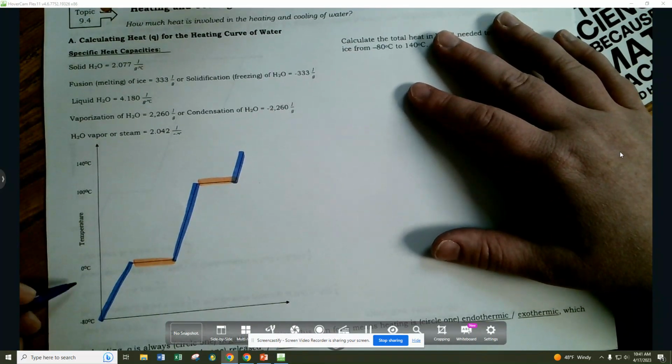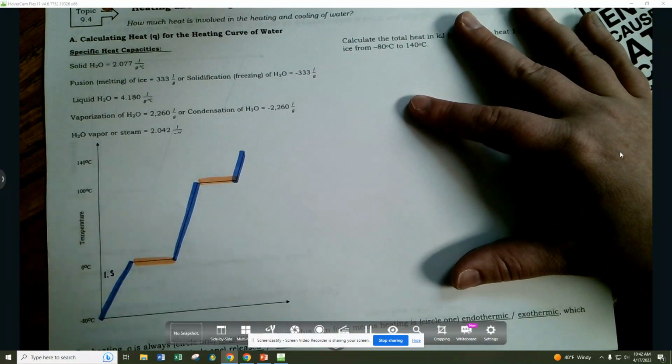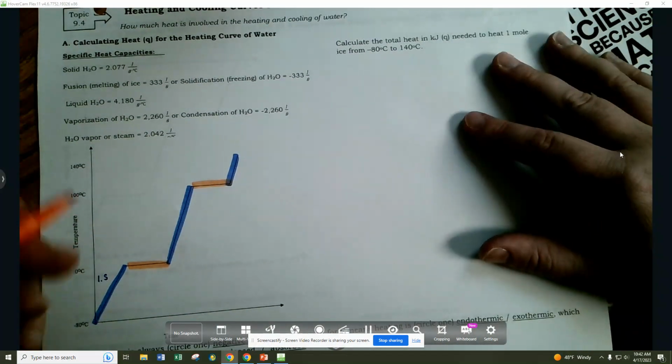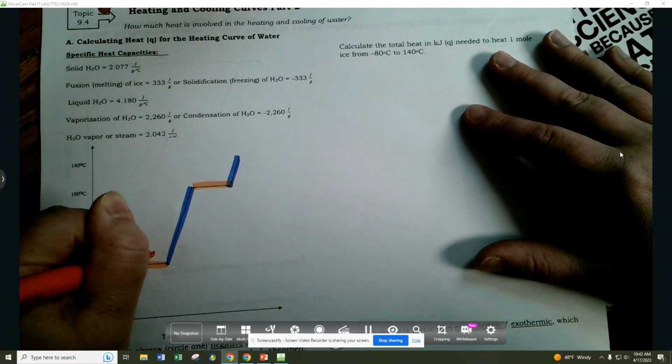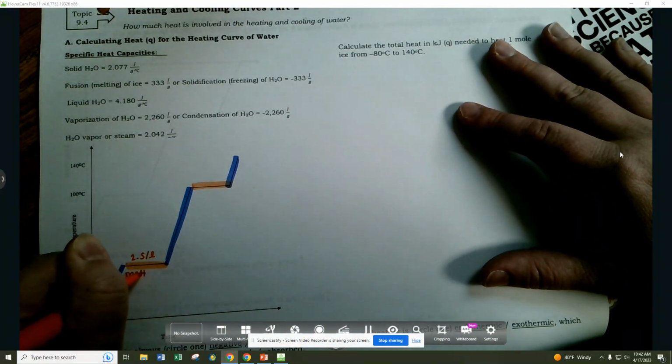So from minus 80 to 0 degrees Celsius, with the understanding that this is ice, or water, that it would be ice, being that this would be solid. In step 2, we plateau. So in the second region of this, it's a blend of solid and liquid, and that's because this is where melting is happening.